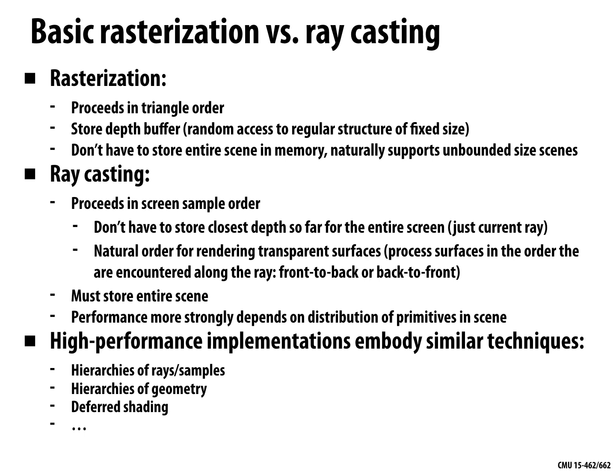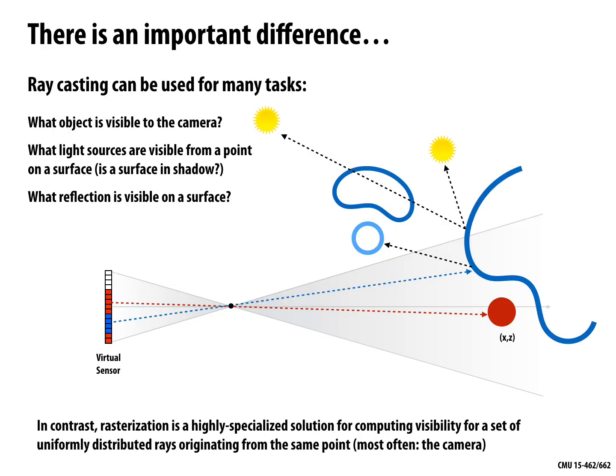But again, there is a really important difference. There really are extremely good reasons to use ray casting rather than always relying on rasterization. There are things that you can do with ray casting that you really can't do, or that just take a lot of work, a lot of hacks to approximate with rasterization. So with ray casting, it's very natural to ask not only what object is visible to the camera, this basic question of occlusion, but also we can do other queries.